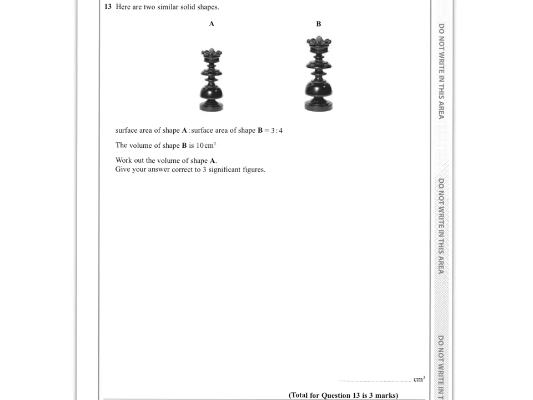Question 13. Here are two similar solid shapes, and it says the surface area of shape A to the surface area of shape B is the ratio 3 to 4. But before I write that down, I'm just going to do a little table here, length, area and volume, and we're going to have shape A and shape B, and we're given 3 to 4 here, and that's as an area.